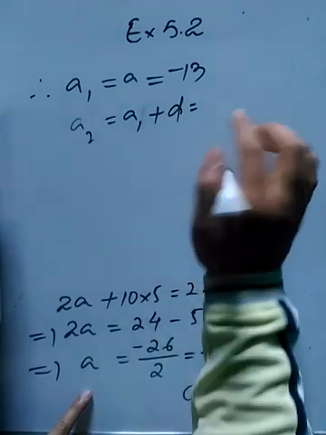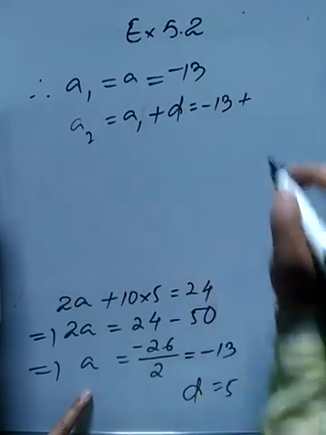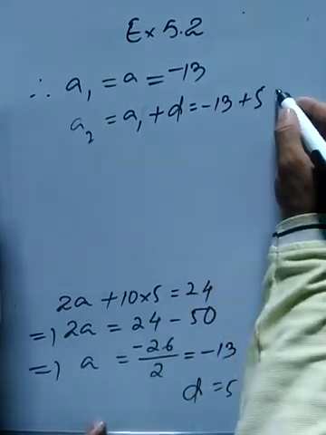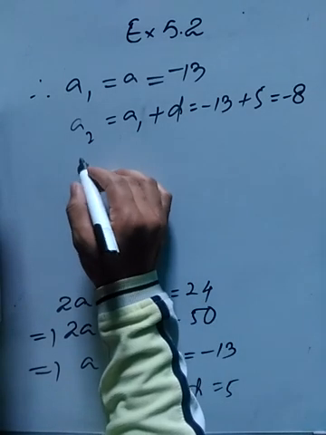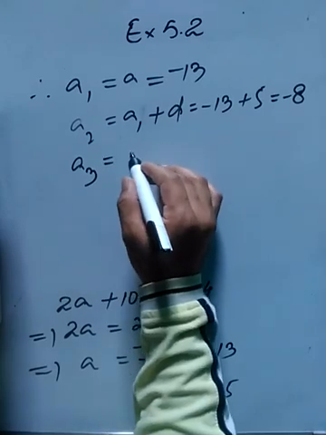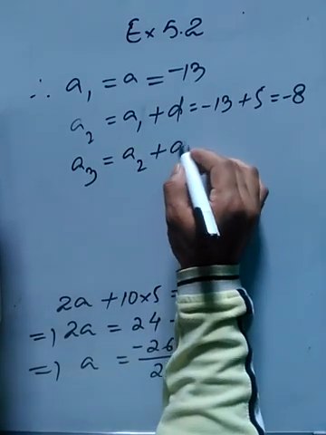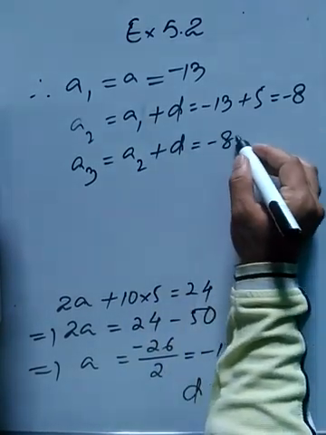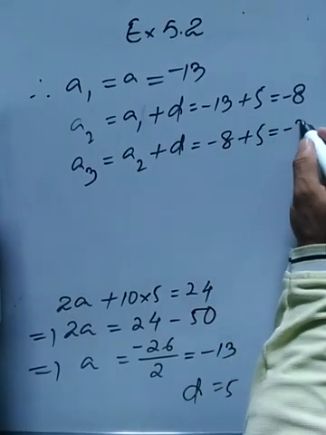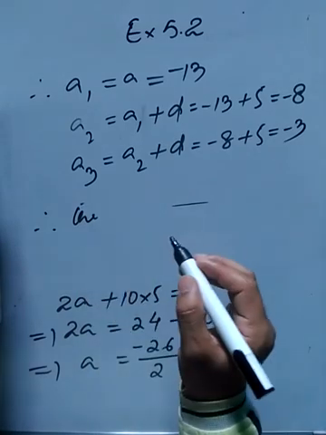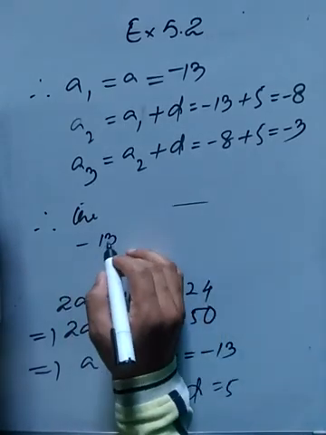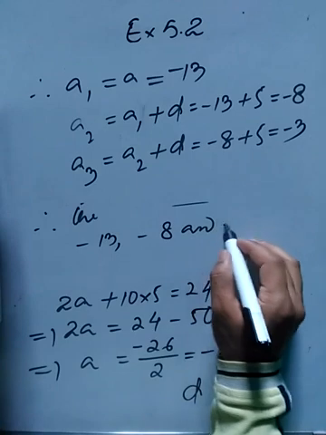Here a1 is minus 13 and the value of d is 5, so we'll get minus 8. Then next is a3. a3 is a2 plus d, so minus 8 plus 5, we'll be getting here minus 3. So therefore the first 3 terms of the AP are minus 13, minus 8 and minus 3 respectively.